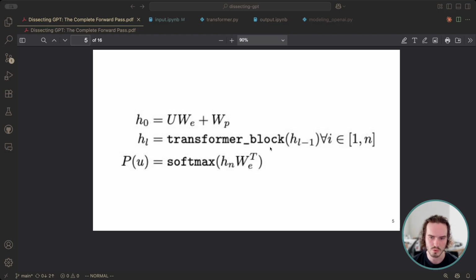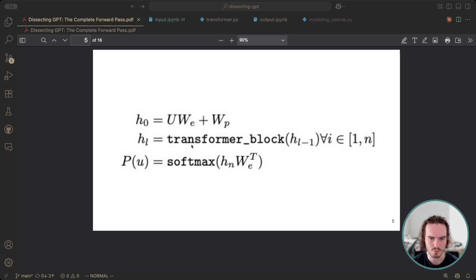What this other stuff is saying is that for all i from 1 to n, and we know that there are 12 transformer blocks in GPT-1, so n is 12 there. Pretty much we're saying, for each of those transformer blocks, just run it on the output of the previous hidden state.